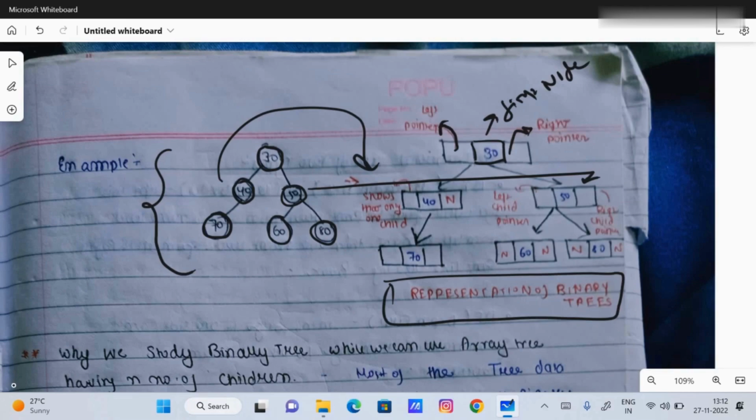For 50 we have made two linked list representations, at the bottom. Again, 70 has only one child, so only one is represented, but these are two, 60 and 80, so for both we have represented a linked list. So this is the basic representation of a binary tree.